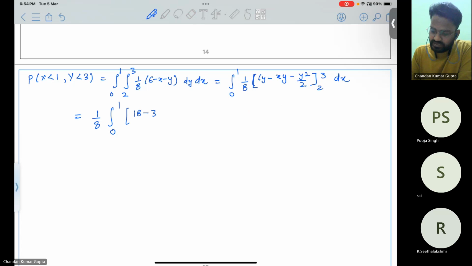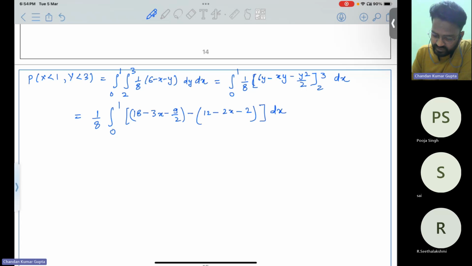It is 18 minus 3x minus 9 by 2. And then again minus: you also need to calculate at y equal to 2. That is 12 minus 2x minus 2. Now is it okay, I think?